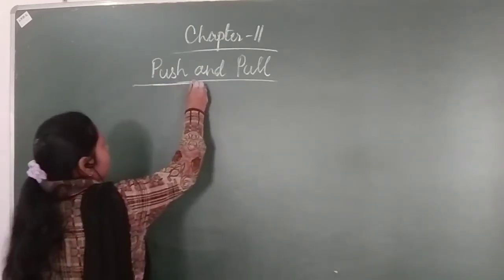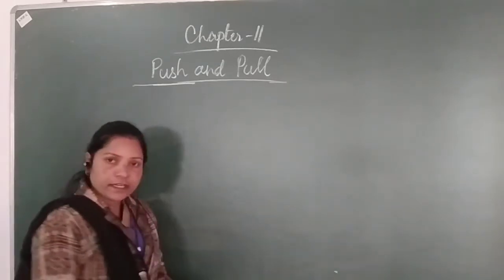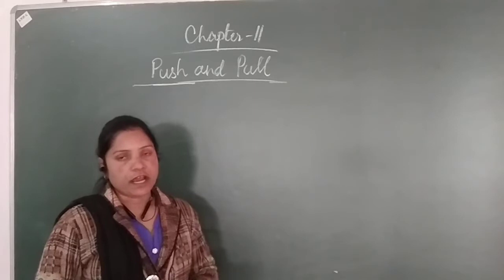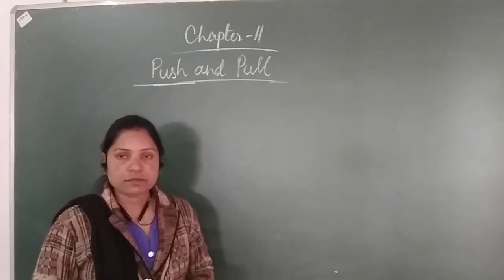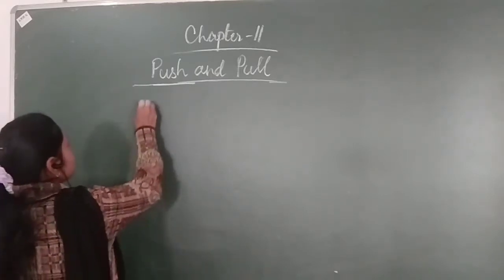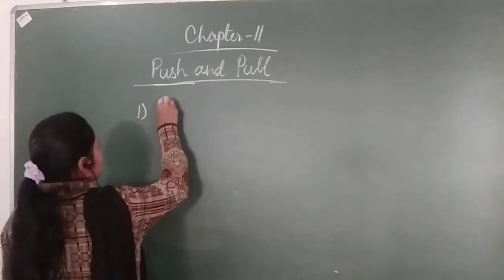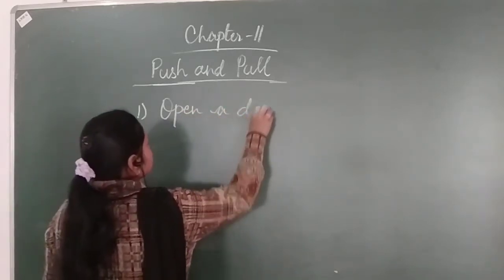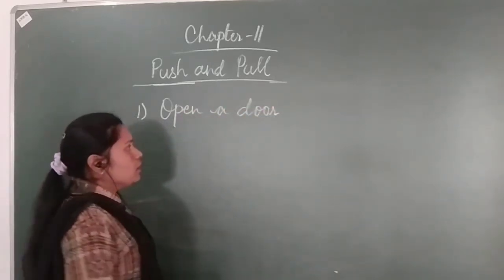We do various activities in our daily life. So that involves push and pull. So let us see some examples that involve push and pull. First example is, if we want to open a door, what will we do?